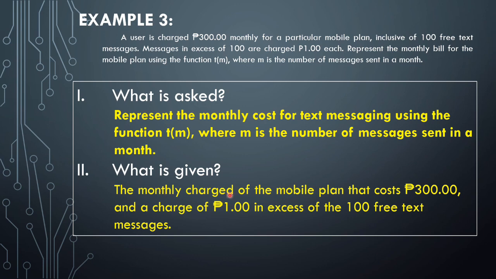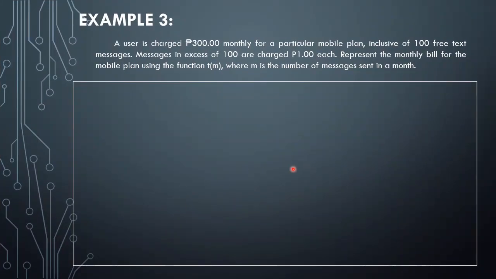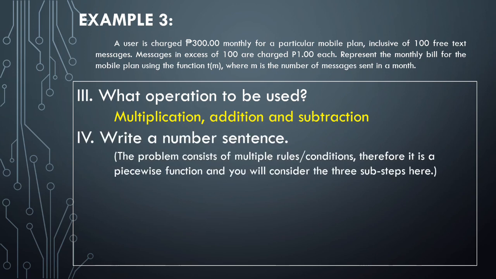The monthly charge of the mobile plan that costs 300 pesos, and a charge of 1 peso for each message in excess of the 100 free text messages. Those are the given. What operation is to be used? We have multiplication, addition, and subtraction.